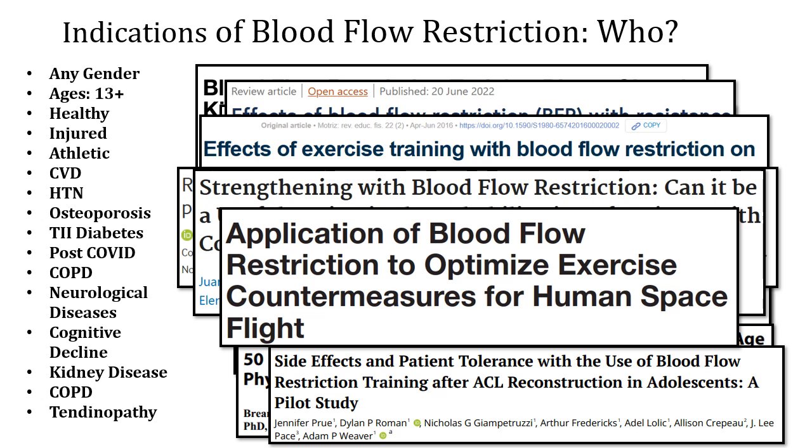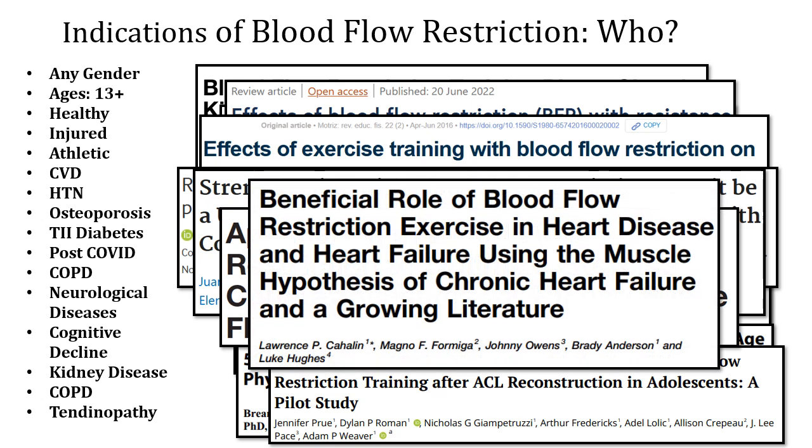And then certainly with those individuals in a microgravity environment where there is no means of mechanical stress, well then metabolic stress on the biological system can certainly be beneficial, and thus it's also found its way into space flight. And then more recently, they've started to really push the envelope of novelty with its application in heart disease and heart failure.